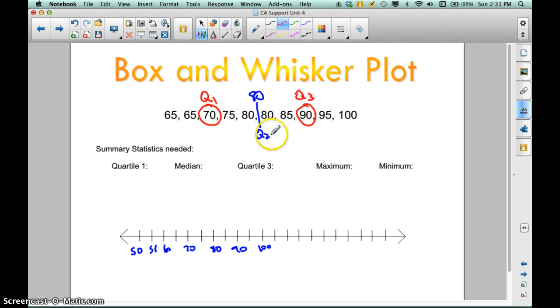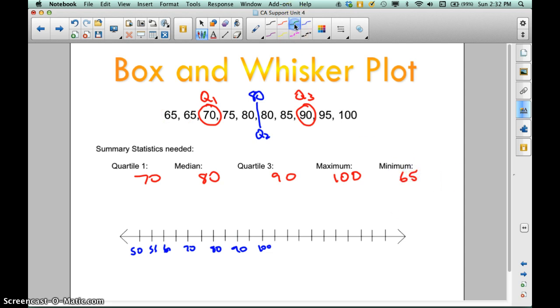And if quartile 2 or the median fell on one number, I would have just circled it as well. I only draw a line in the middle to help me remember that it's between those two numbers. Okay, so quartile 1 was 70. Our median, or quartile 2, was 80. Quartile 3 was 90. The maximum is the biggest number. Nothing fancy going on for maximum and minimum. The minimum is the smallest number, 65.